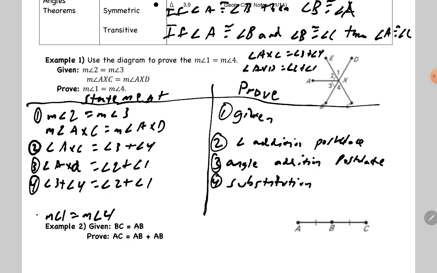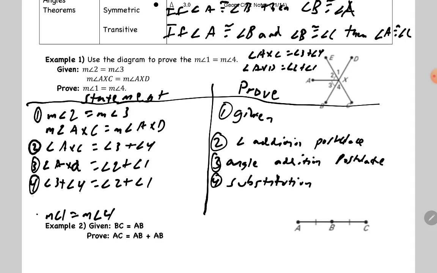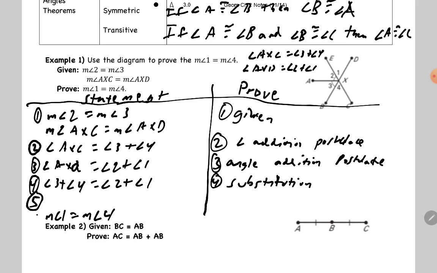And then step 5. I'm going to do substitution again, because in our first statement, angle 2 is equal to angle 3.